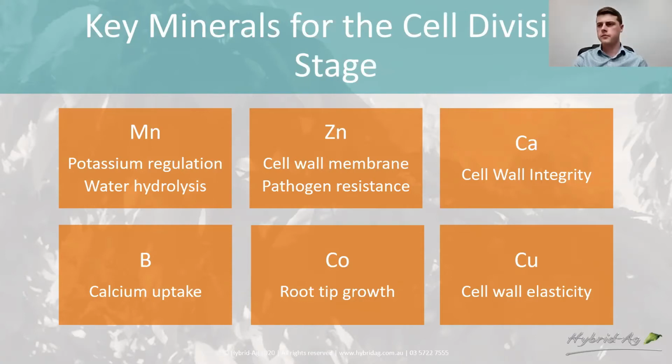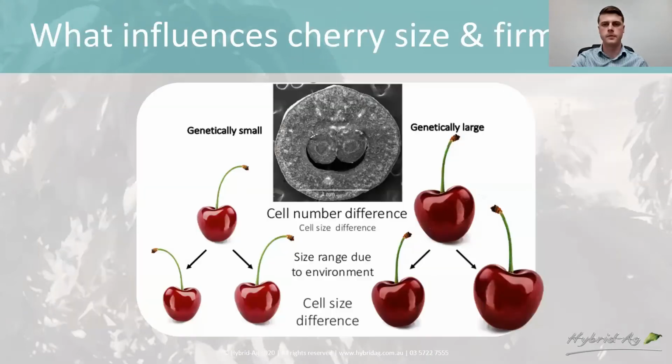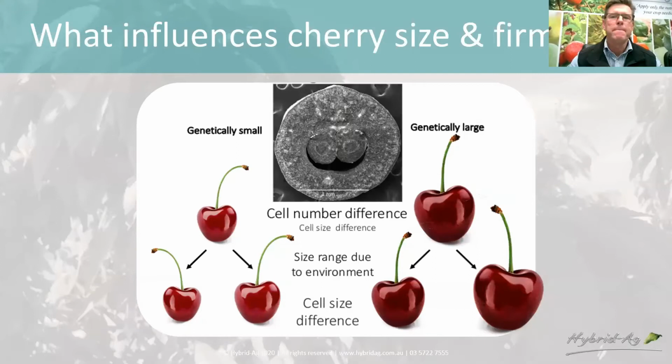So I've got a nice slide here where Andrew's just going to give us a practical example of cell division and its effect on cherry size. Okay, thanks. So as you can see here, we've got a picture of a cherry cell on top of the screen there. We can see that it's going through its cell division phase, so it's trying to multiply.